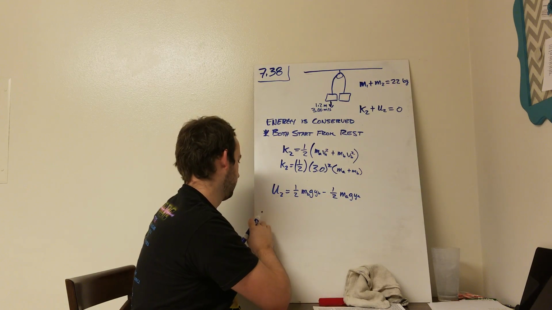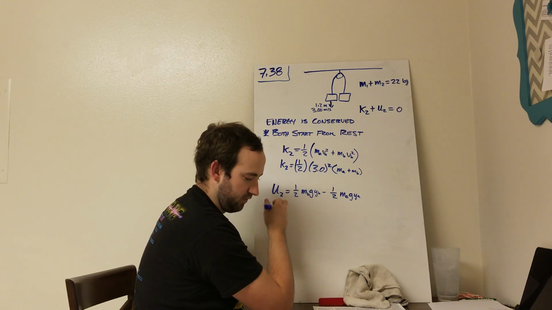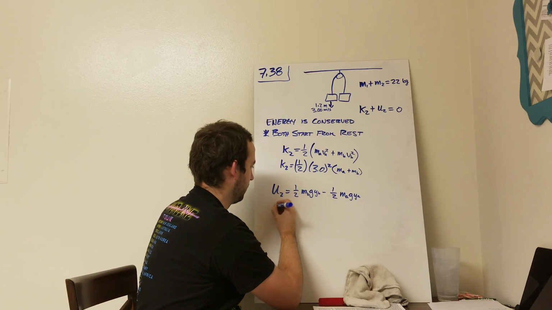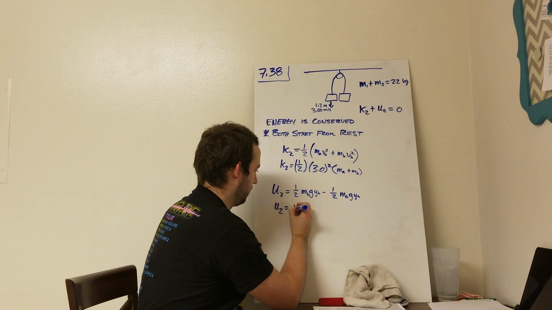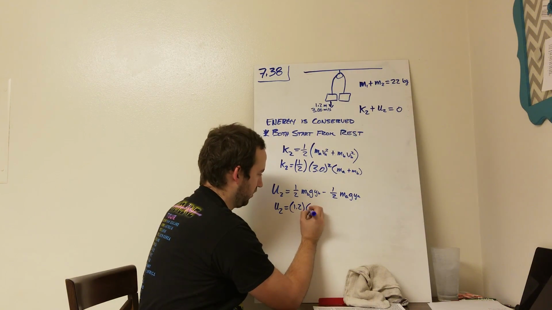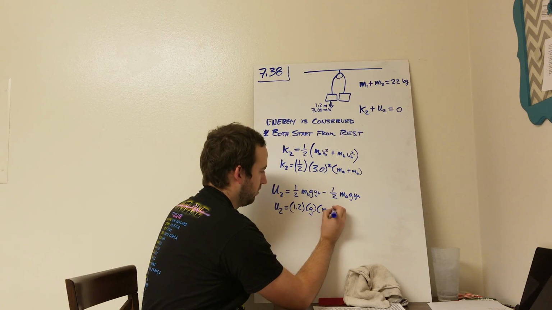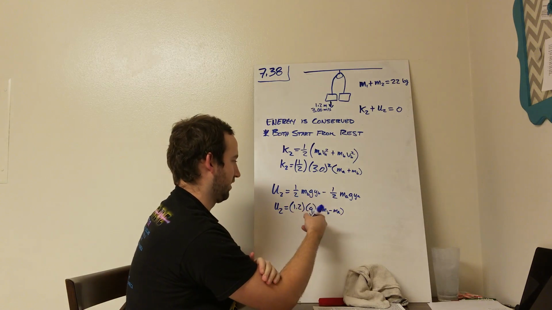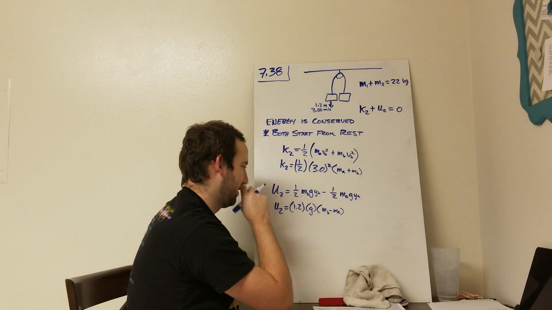Now we can further move this along, and when we plug in stuff, we'll end up with U2 equals 1.2 times g times mA... So what I'm doing is basically just factoring everything out, like we did in the kinetic energy.